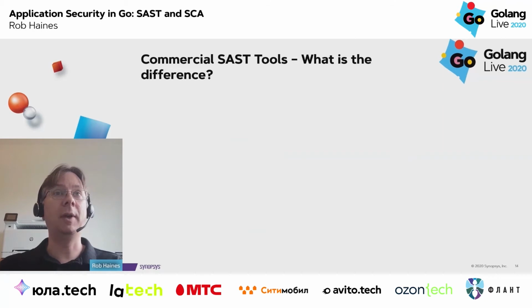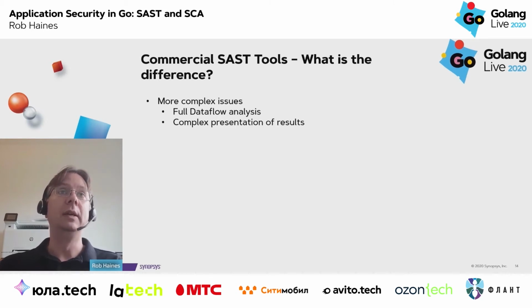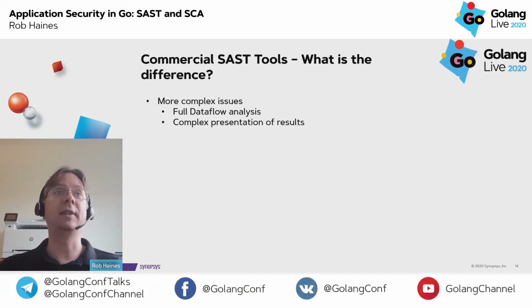Now, of course, I'm here to talk a little bit about the commercial tools as well, and what the difference really is between the commercial tools and the open source ones. So the commercial tools are looking at more complex issues. We're talking about full data flow analysis and a complex presentation of results.